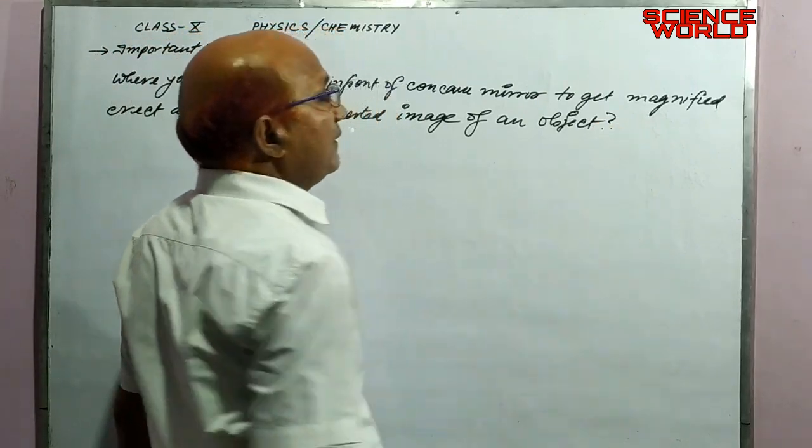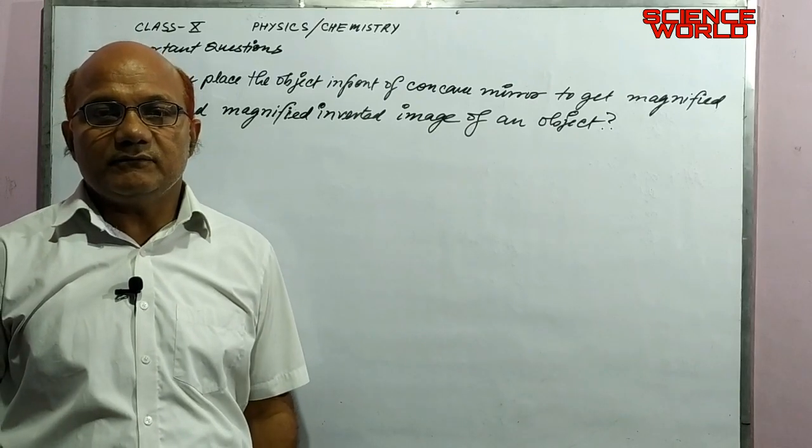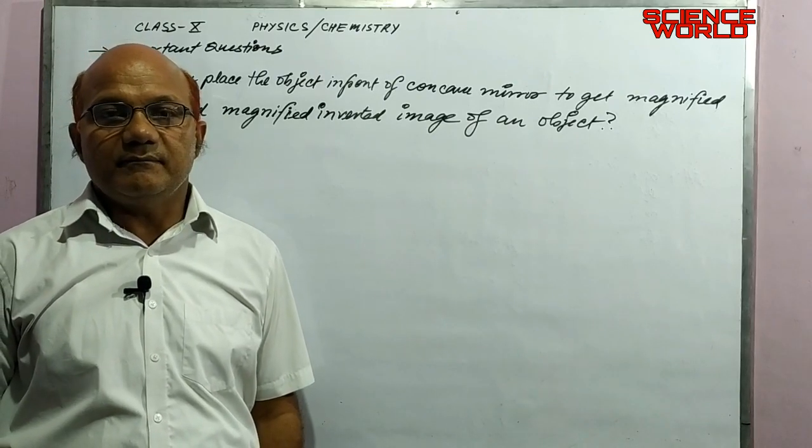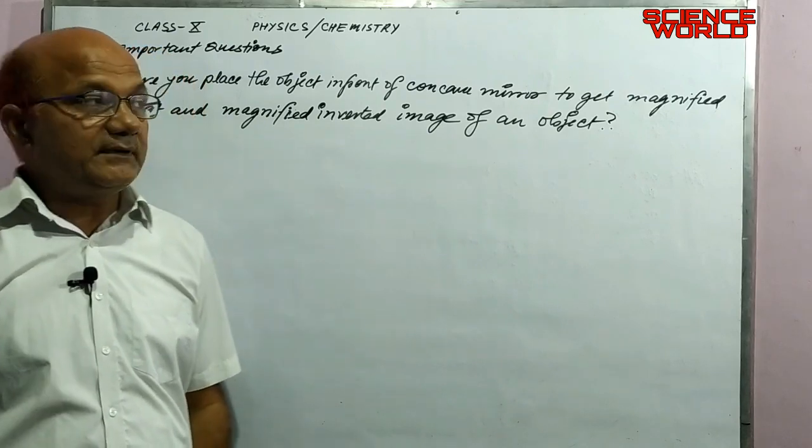So this is the question, where you place the object in front of concave mirror to get magnified erect and magnified inverted image of the object.